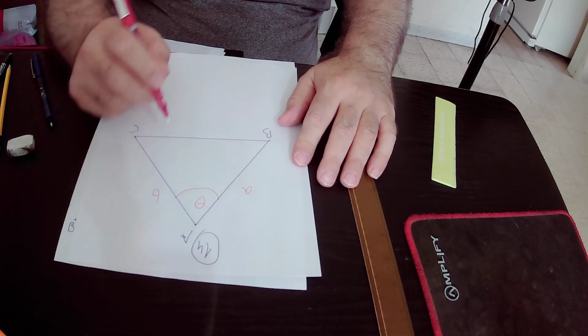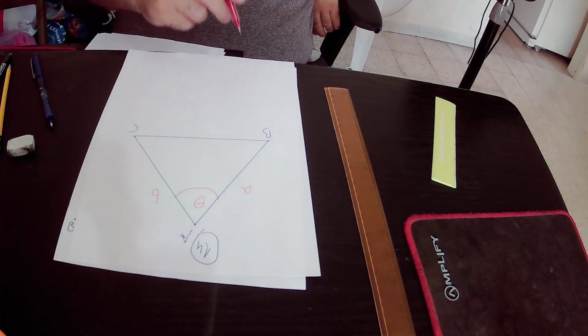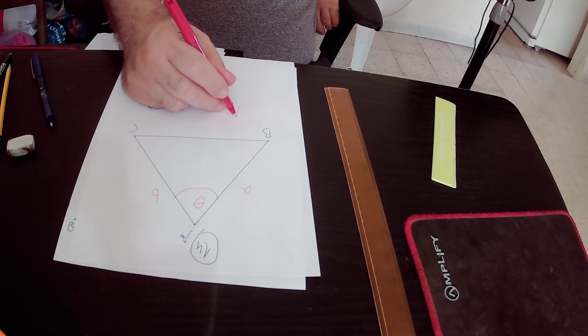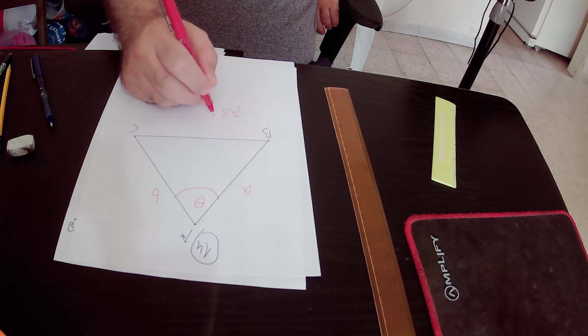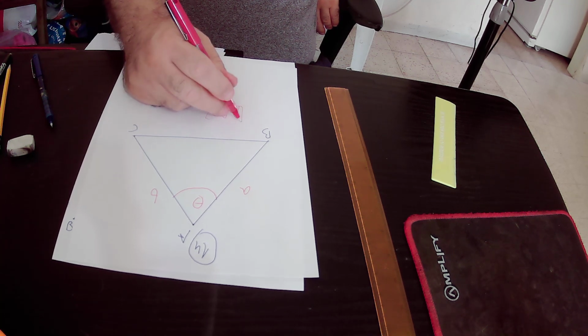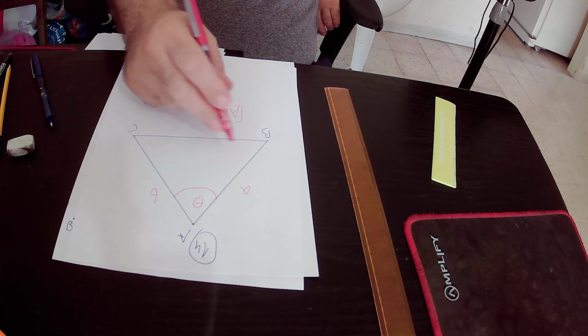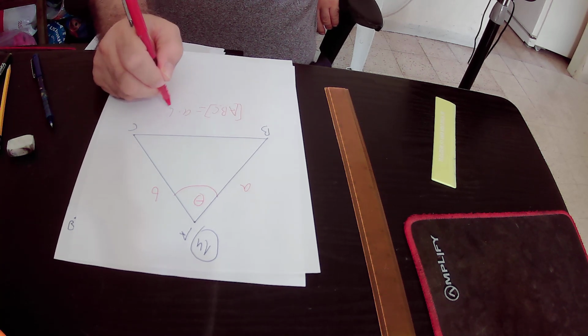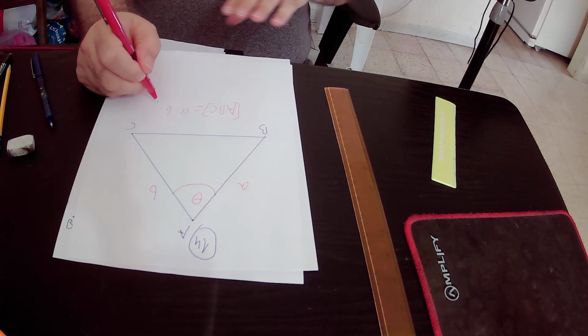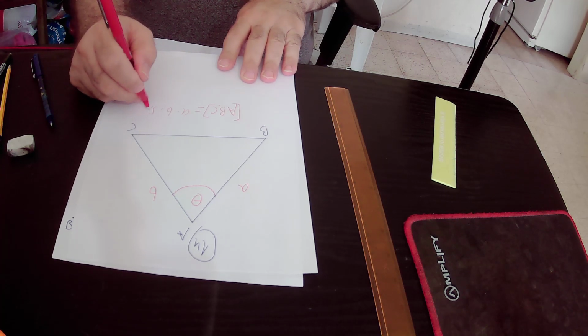Then the area of triangle ABC will be equal to A times B times sine theta over 2.